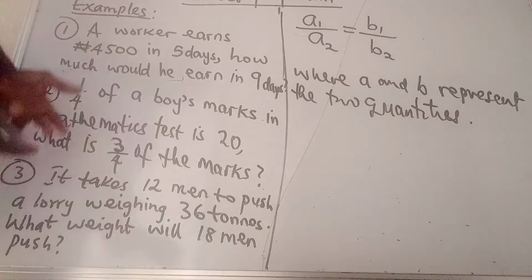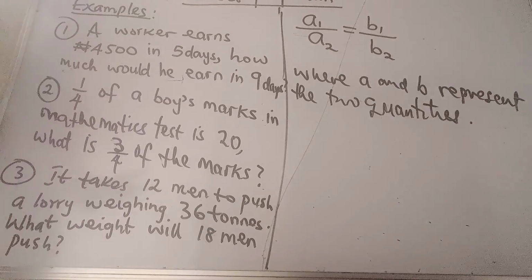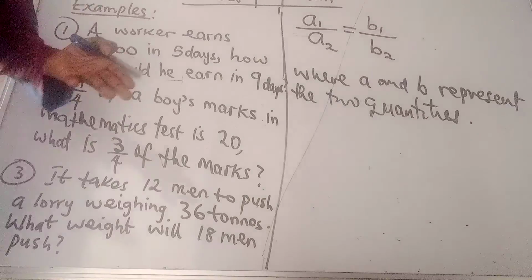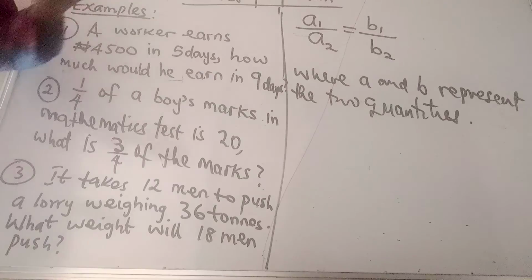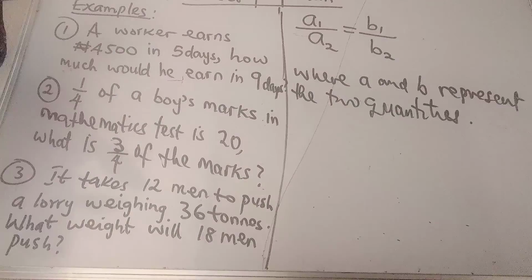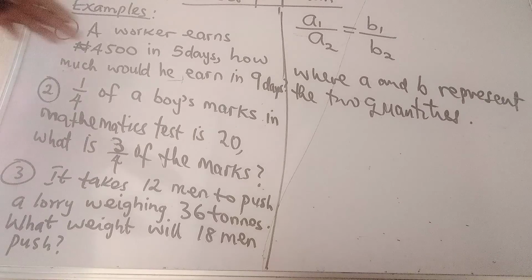What do we mean by direct proportion? A proportion is direct when the two quantities we are dealing with influence each other in the same direction. What do I mean? When there is increase in one quantity, it causes increase in the other quantity.